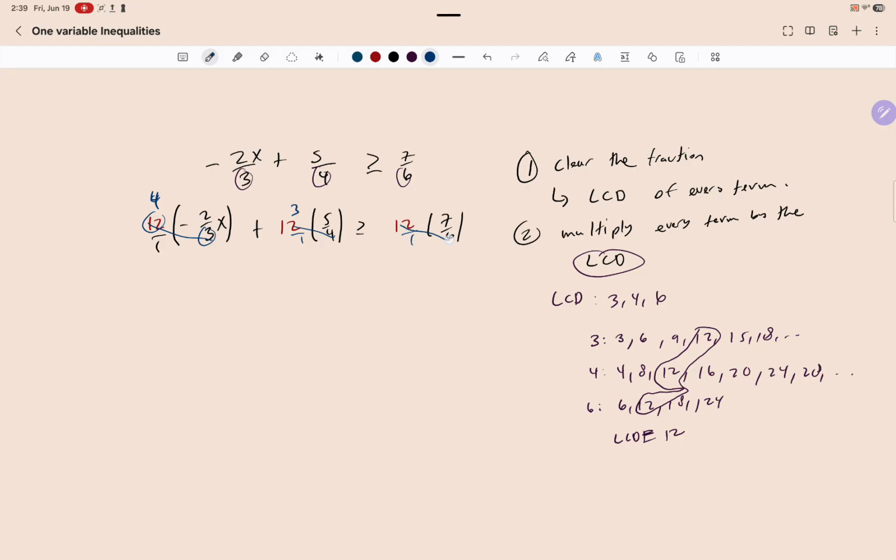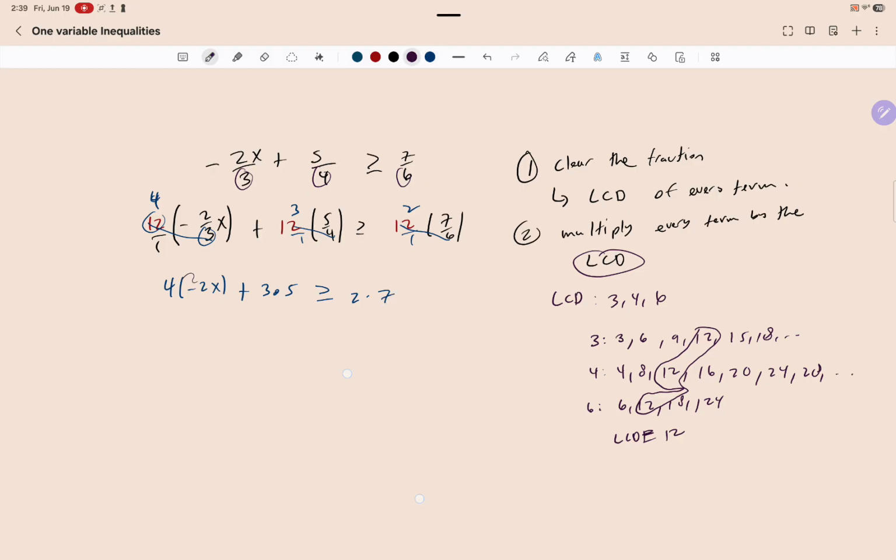And 6 goes into 12 twice. So now what I really have is 4 minus 4 times negative 2x, plus 3 times 5, greater than or equal to 2 times 7.